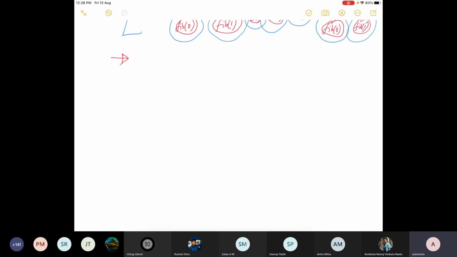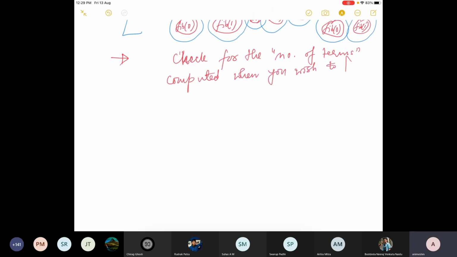So in this particular example, one way to identify the work done could be to check for the number of terms computed when you wish to find a particular number in the Fibonacci sequence.